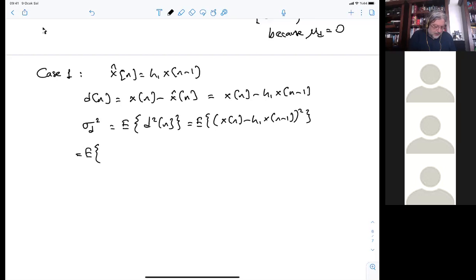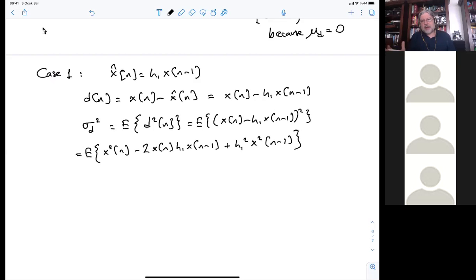So we start with first the first term square, x square of n, and then minus 2 times x of n times h1 x of n minus 1, the multiplication, and plus h1 square x square of n minus 1. So I just took the square of the inner difference or summation term.